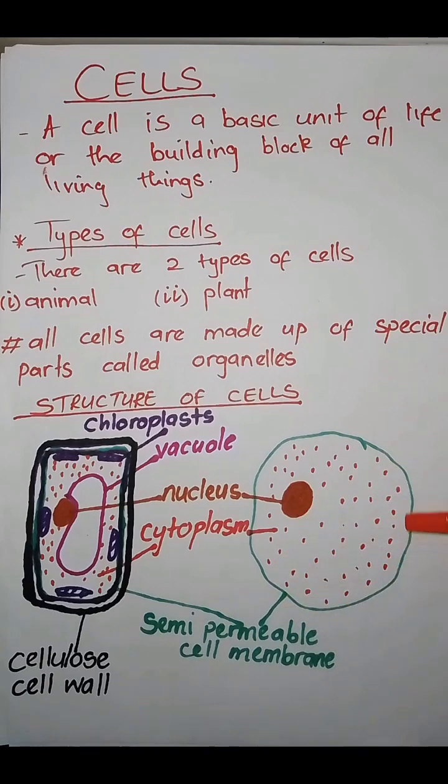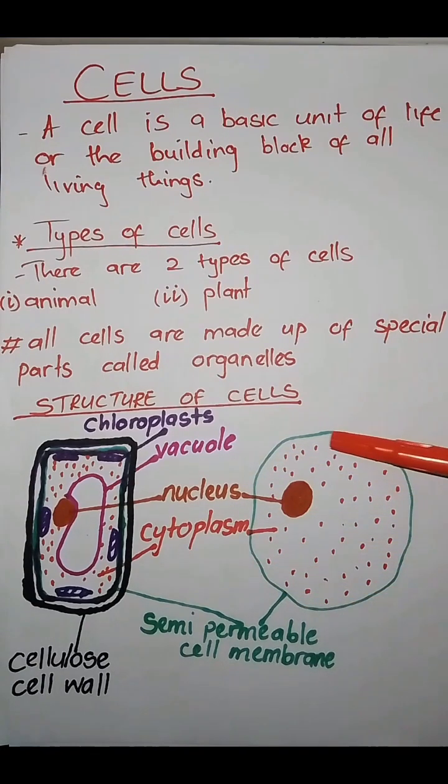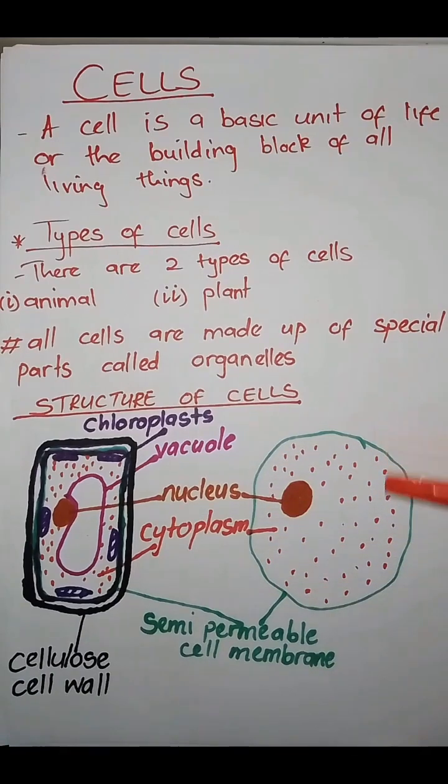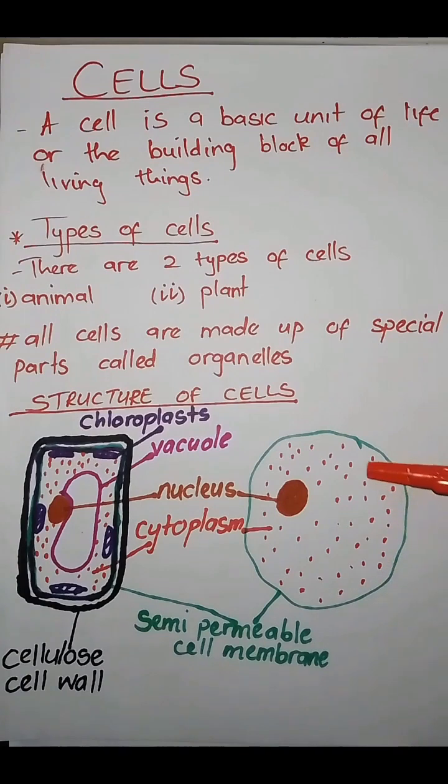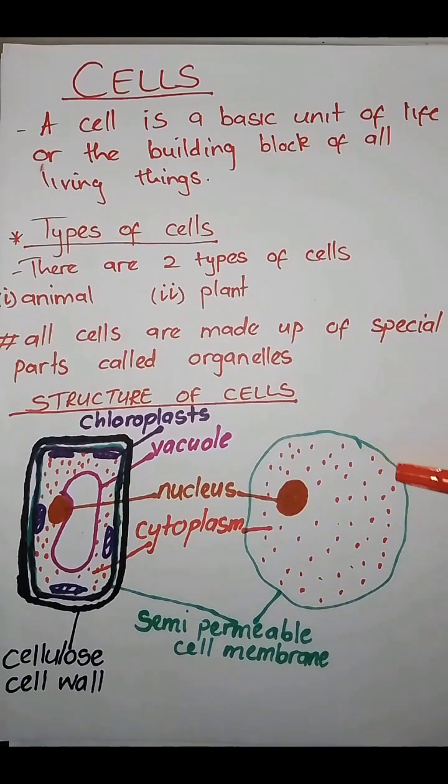So this is the structure of an animal cell. Every animal, if it is viewed under a microscope, the structure of the cells will have this kind of frame. So here we have the cell membrane. As you can see, I've labeled it and I've drawn it in green.